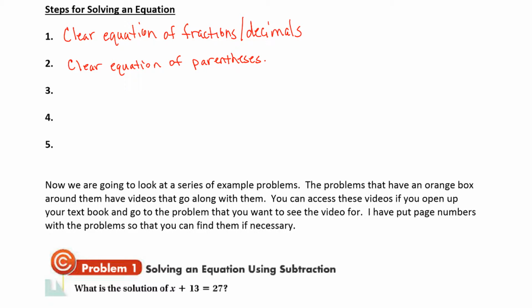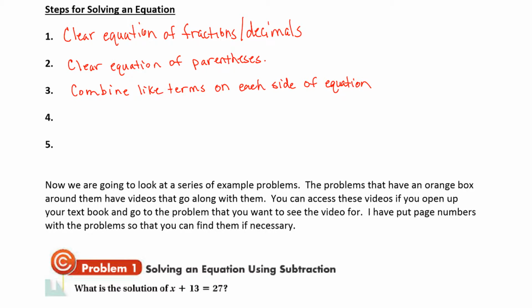Our third step is to combine like terms on each side of the equation, which means you'll combine the terms that are on the left together and you'll combine the like terms that are on the right together.